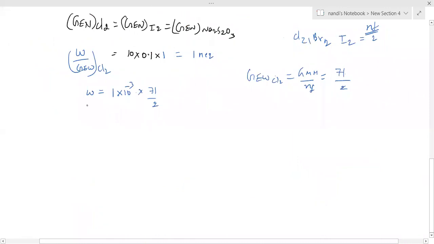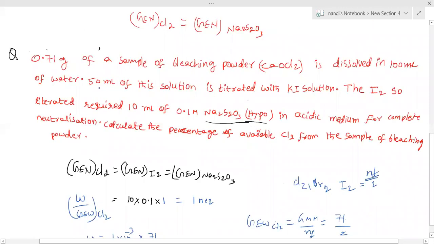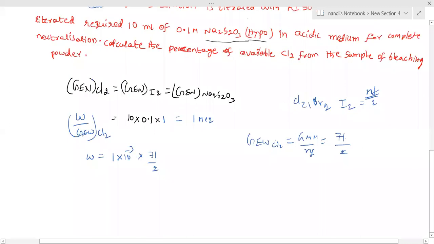So now, this weight is for how many ml? Let me observe that. They are taking 50 ml. For 50 ml we calculated the weight. 50 ml of solution contains this much weight: 10 power minus 3 into 71 by 2. For 100 ml, how much?